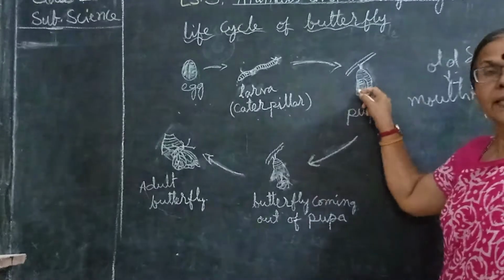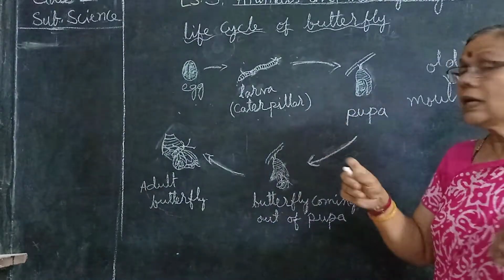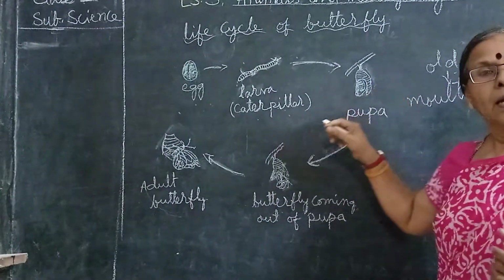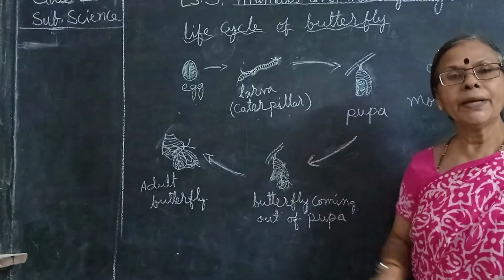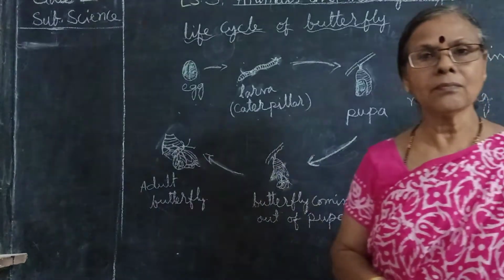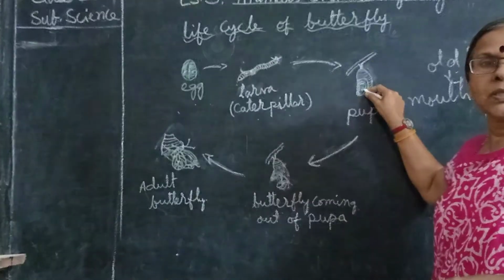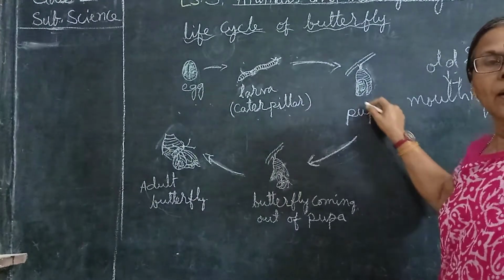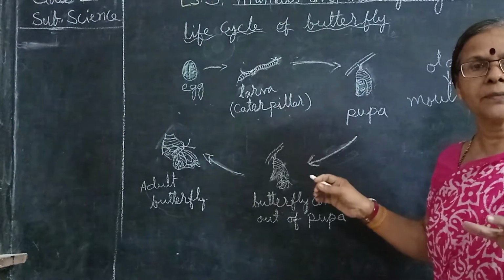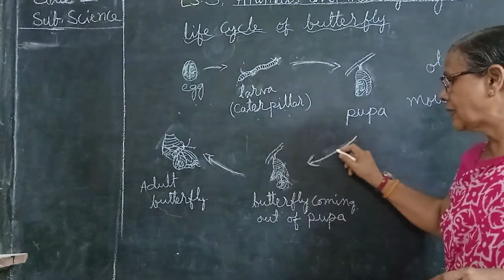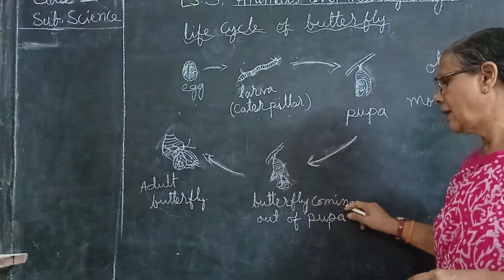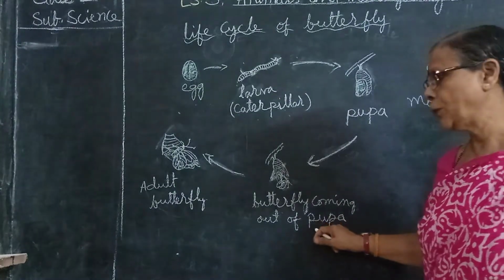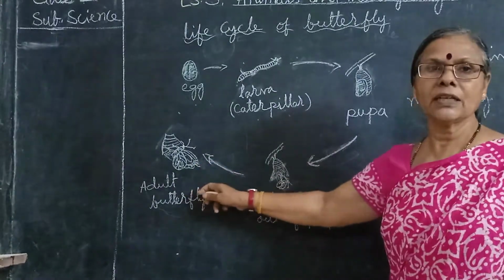It goes inside and covers its body, and inside the pupa the caterpillar develops, going through many stages. After a few days, the pupa will burst open, and the young butterfly comes out of the pupa. You can see the adult butterfly.